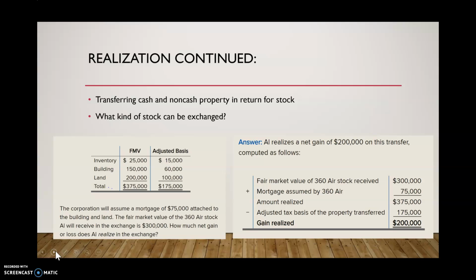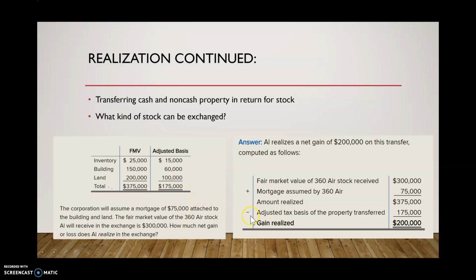Now, if you look at the table right here, it shows $375,000 as the fair market value. However, when we're looking at what the net gain or loss is going to be realized, we have to see what will they be getting out of this exchange. So stock can be common, preferred, voting, and non-voting when it comes to an exchange.